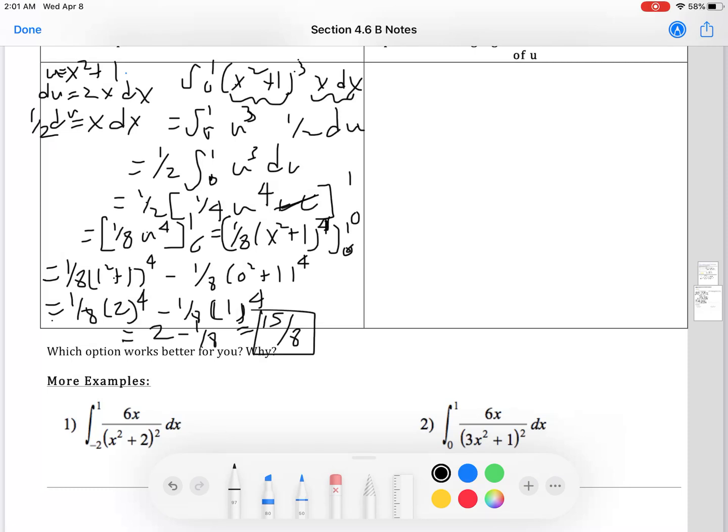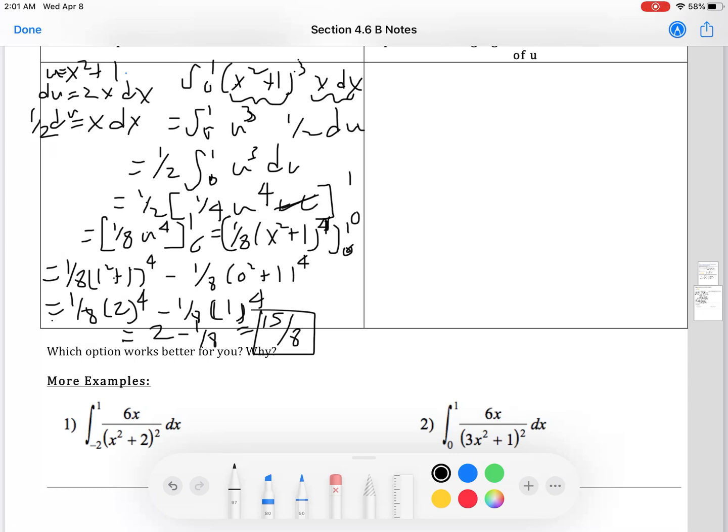The drawback of this method is after you do the u and you integrate, then you have to worry about plugging x back in, and then you're going to plug in the numbers, and you get complicated order of operations expressions when you want to get those numerical answers.